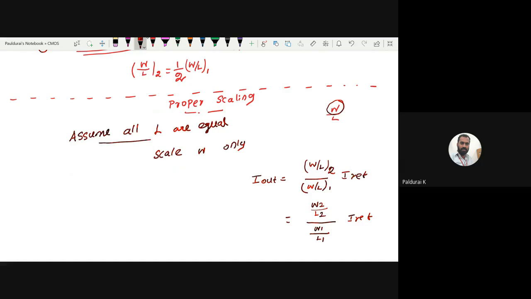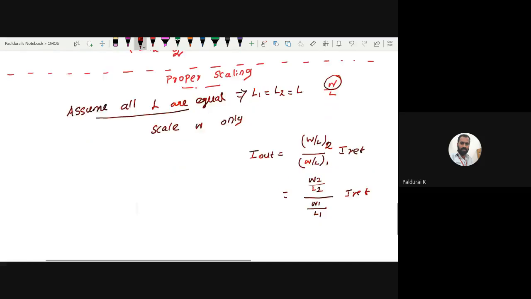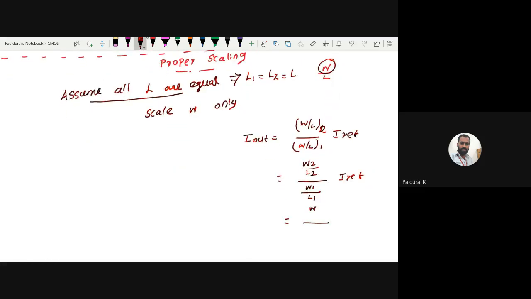You want to assume all lengths are equal, which means L1 equals L2 equals L. So this is W2 over L, W1 over L, times I reference. So length gets cancelled. So this formula becomes W2 over W1 times I reference.